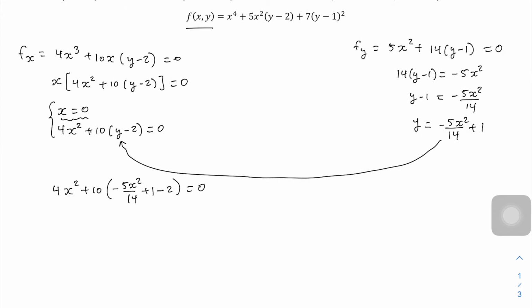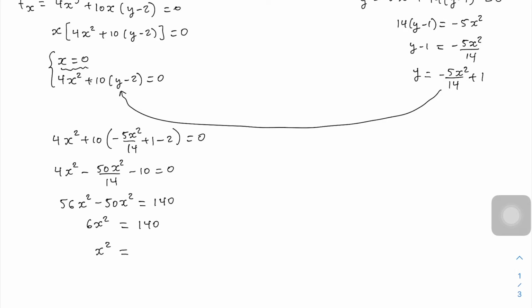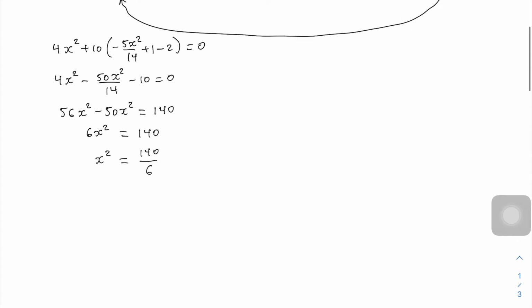And what do we get? Okay, so we see we have an equation that only has one variable. So let's go ahead and solve for x. x squared equals 140 over 6, and that is 70 over 3.